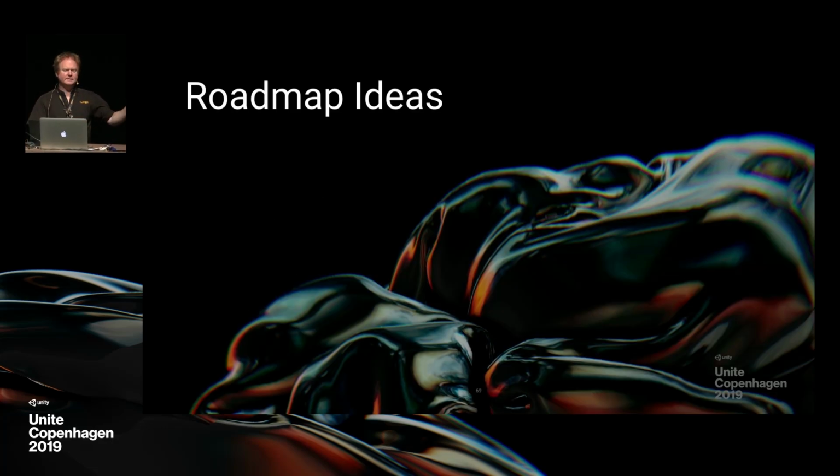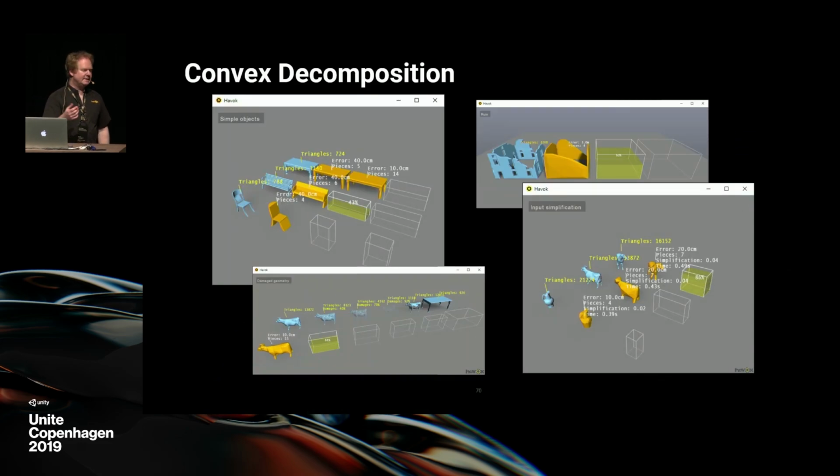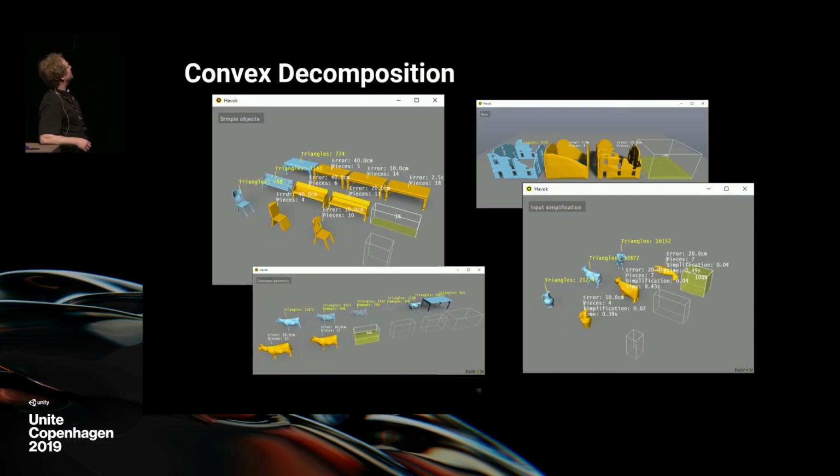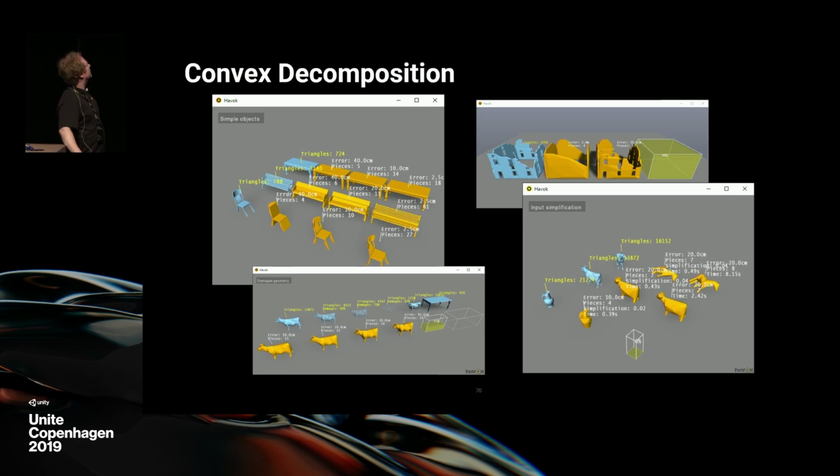So there's a lot of stuff in the Havok Physics SDK that isn't necessarily represented in the component data interfaces at the moment. I just want to show some of the things in Havok Physics that we could use to enhance the offering with these features. One of them is convex decomposition. The SDK at the minute provides simplification of convex objects into convex hulls.